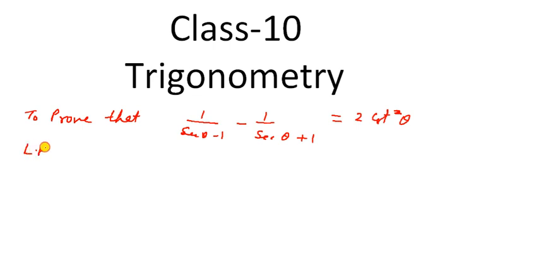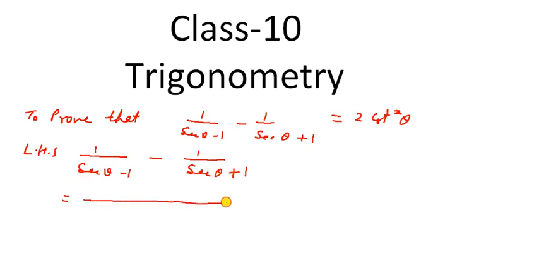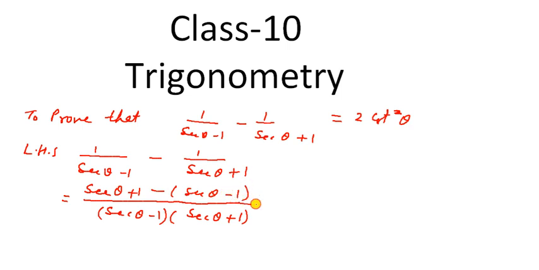Now come to the left hand side. So 1 upon sec theta minus 1 minus 1 upon sec theta plus 1. Taking their LCM, LCM is sec theta minus 1 and sec theta plus 1. So here it is sec theta plus 1 minus sec theta minus 1.